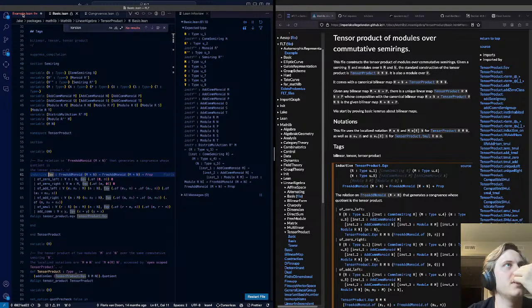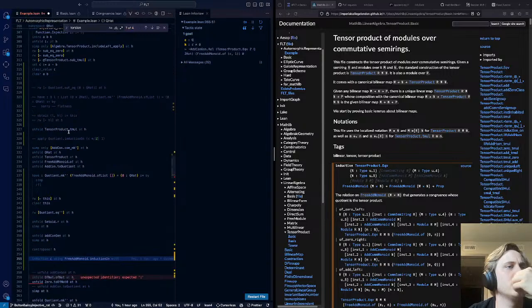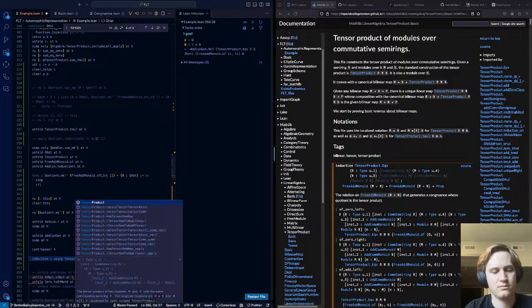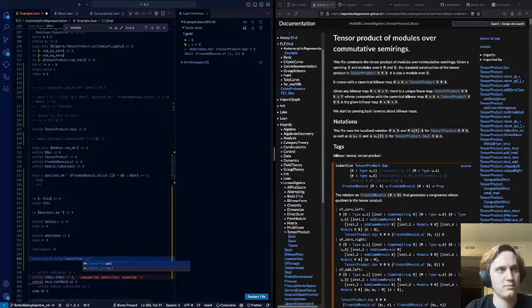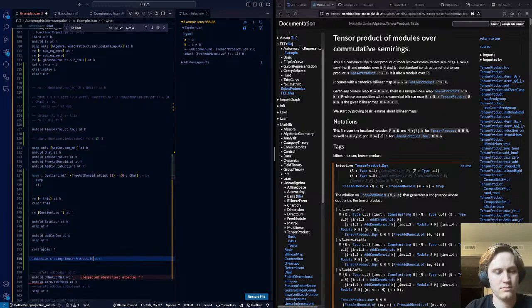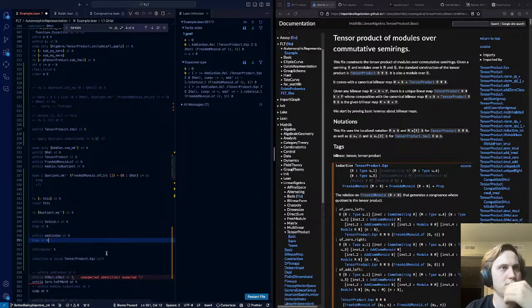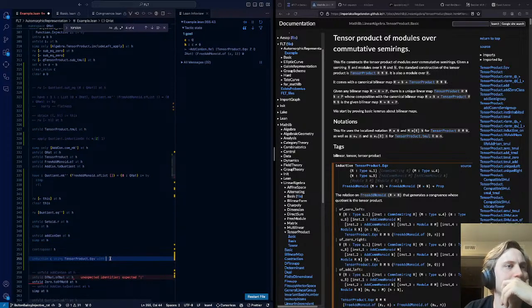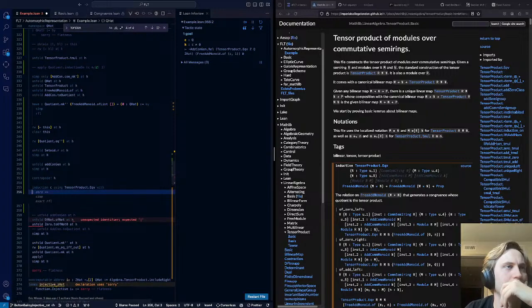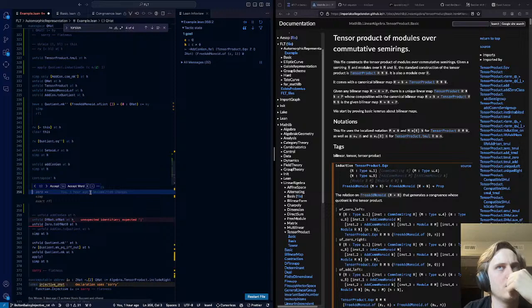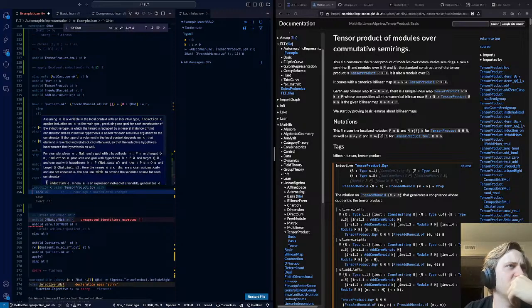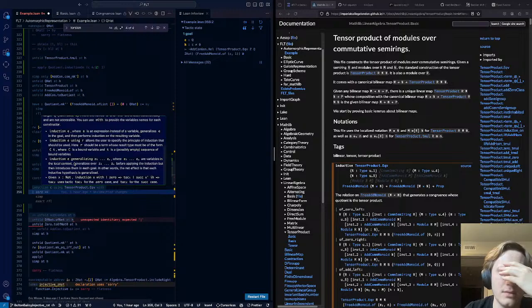Tensor product dot equiv induction, right? I don't think this is right either. When you induct on some natural number, right, it has to exist.